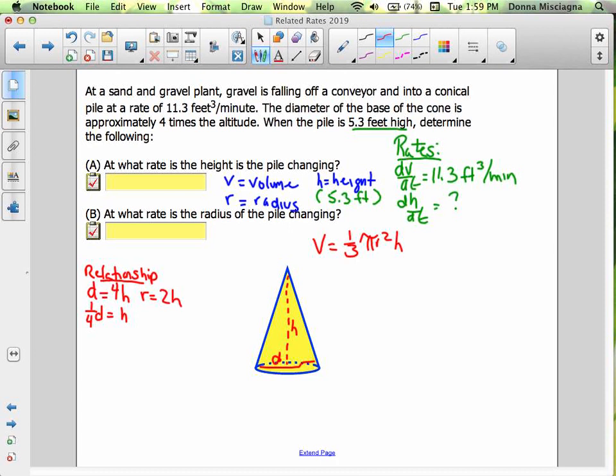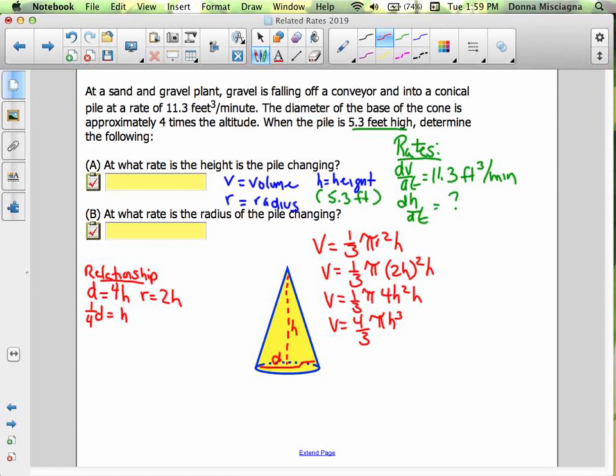So now let's replace r with 2h. Volume equals 1/3 pi (2h) squared times h. Let's simplify that: 1/3 pi, and that'll be 4h squared times h. And if we combine like terms, we've got 4/3 pi h cubed.